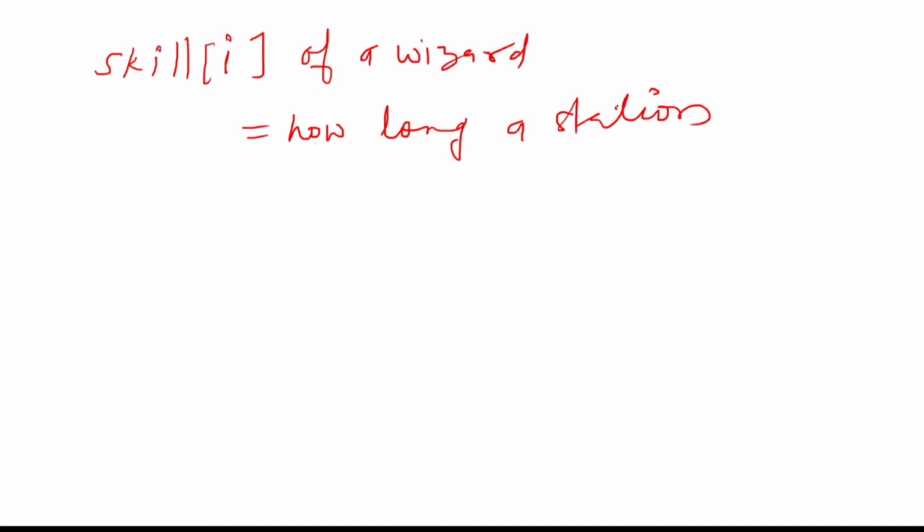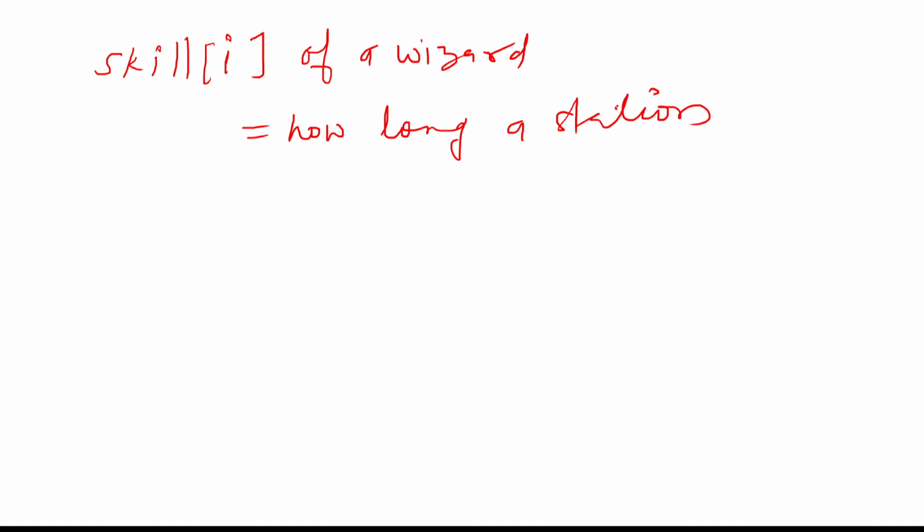So to find the time, you have to know the skill and the mana. This is the same as saying time equals worker speed times task difficulty. Isn't it the same?